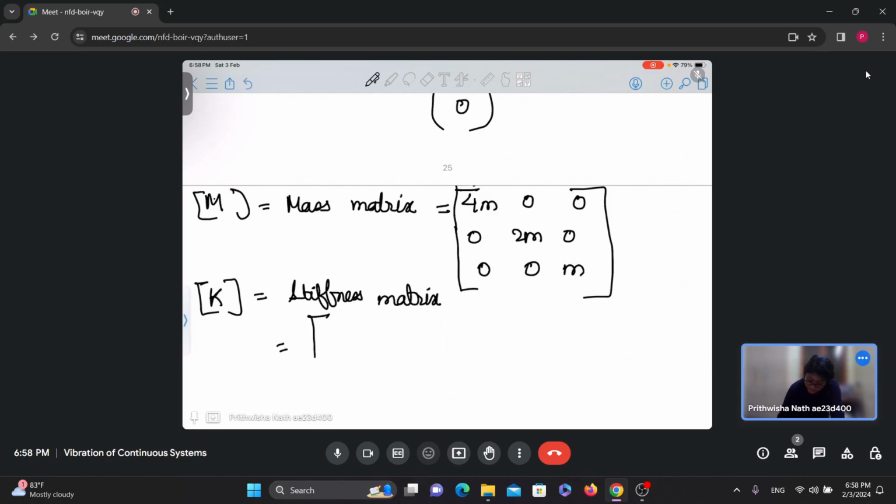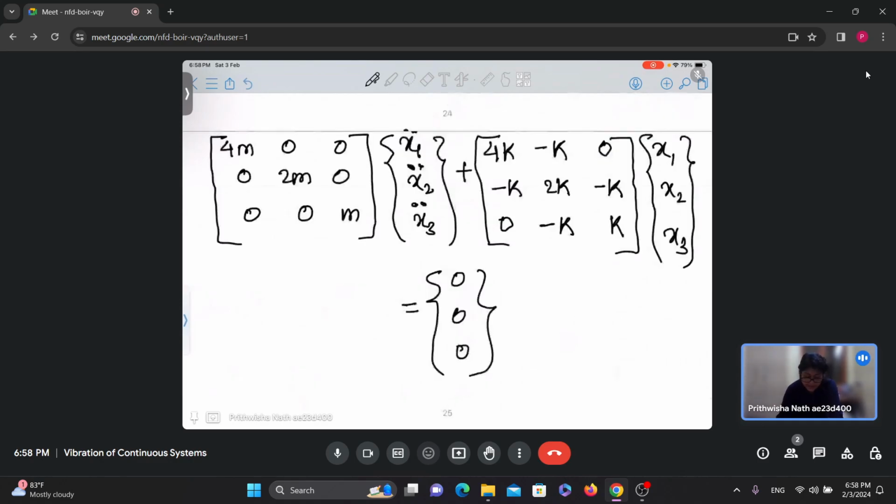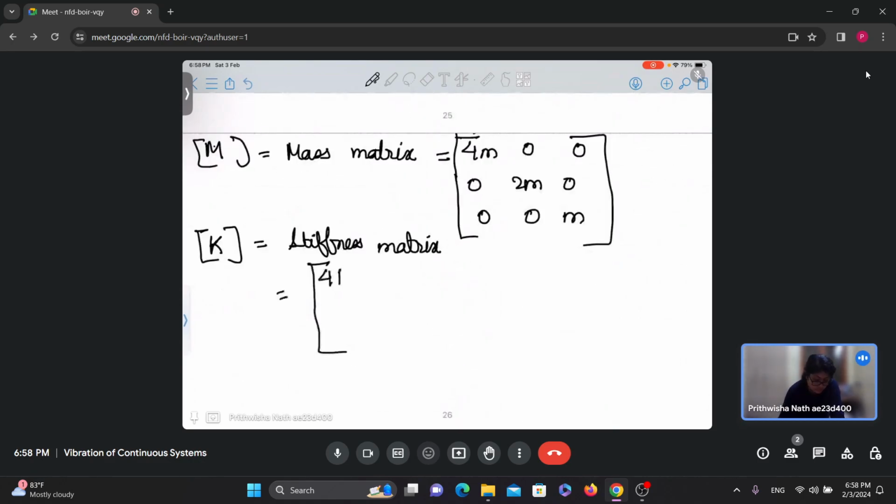We got it as 4k minus k 0, minus k 2k minus k, 0 minus k k. So the stiffness matrix becomes 4k minus k 0, minus k 2k minus k, 0 minus k k. So I can write this like this.